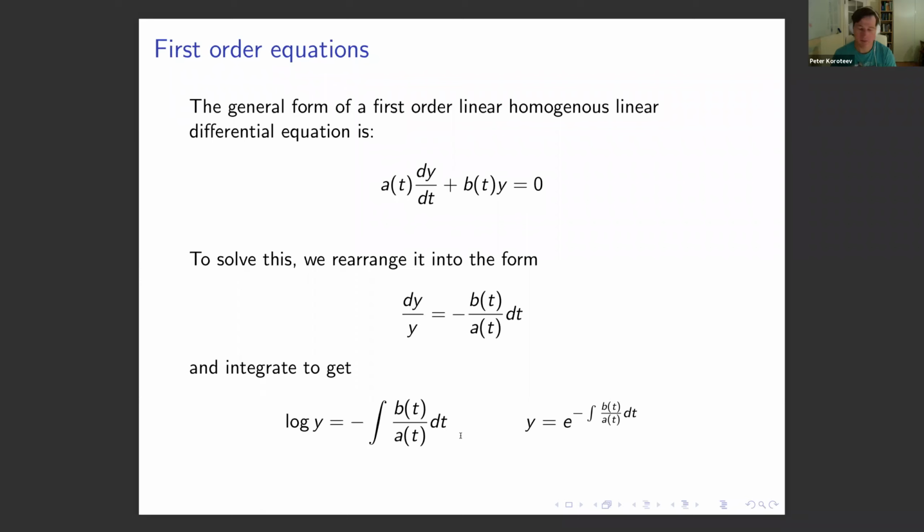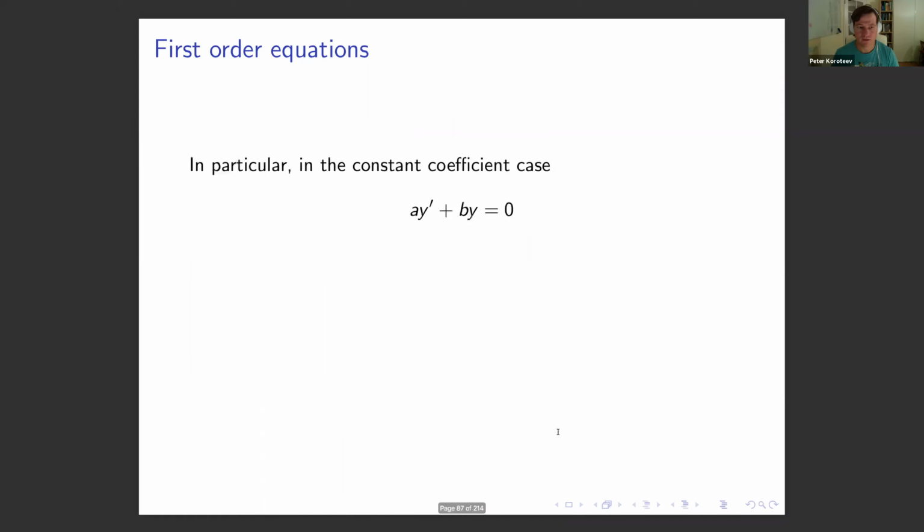Maybe it's doable, maybe not, but you can formally write it as an integral, and then if you exponentiate both sides, this will be the solution. Of course, there's a constant of integration, which will appear as a factor in front of the exponential. We'll talk about those constants a bit later.